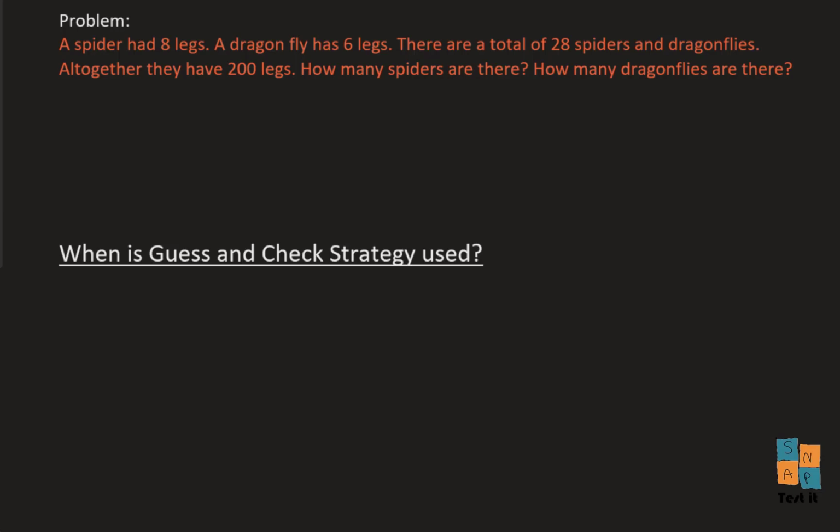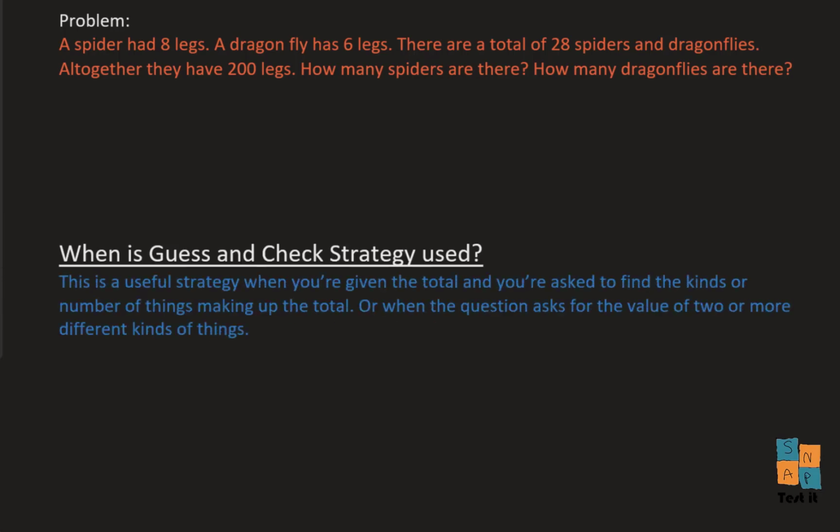Let's first understand when we use guess and check. This is a strategy that you use when you are given a total, and you can see your total. Look up in the problem. Can you tell the total? There are two totals. We have the total number of spiders and dragonflies, 28. And we also have the total number of legs, 200.